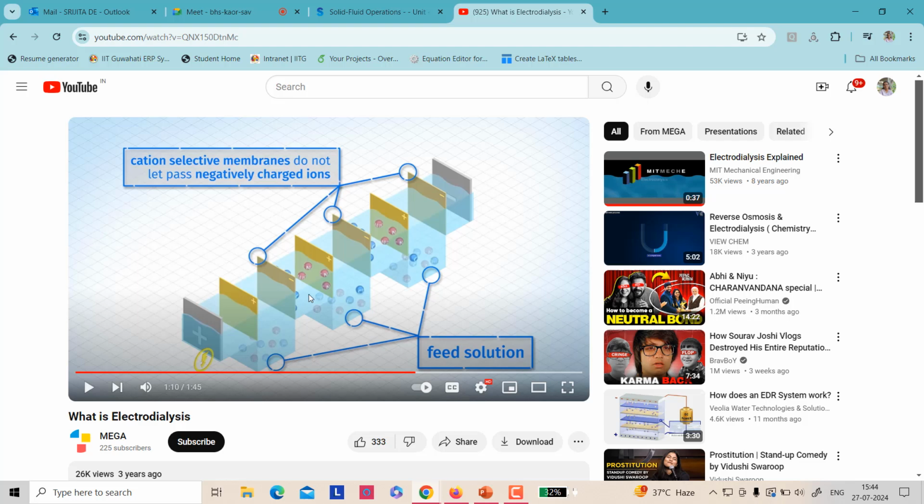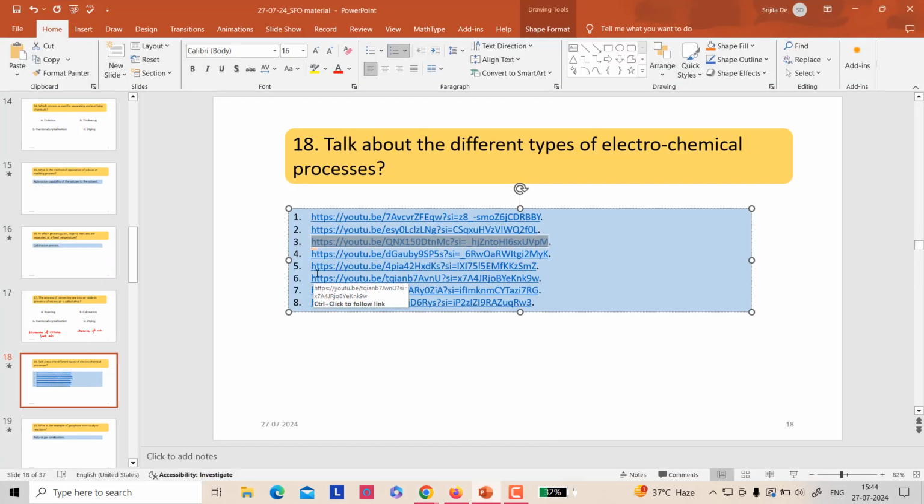That means at the side they are separated, the positive and the negative. Okay. Yes, this is the simple electrodialysis.